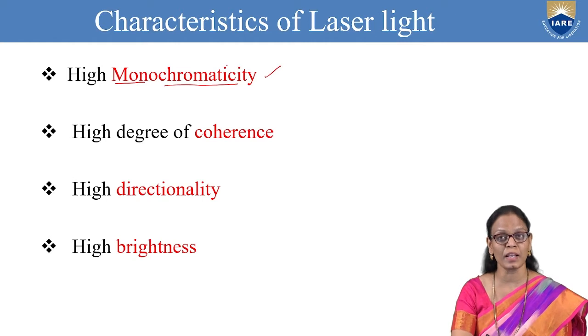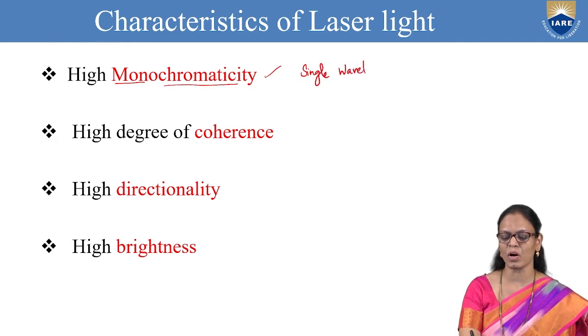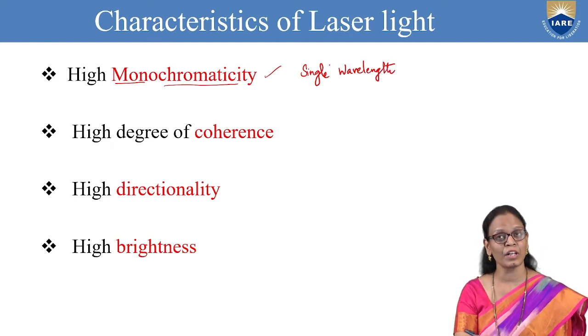So, it has light of a single color, or I say a single wavelength. Ordinary light has many wavelengths, different frequencies and different energies, whereas laser light is highly monochromatic, which means it is light of almost a single wavelength.